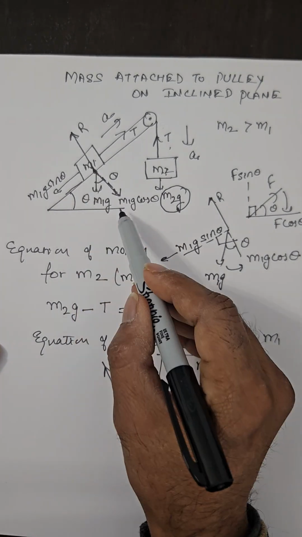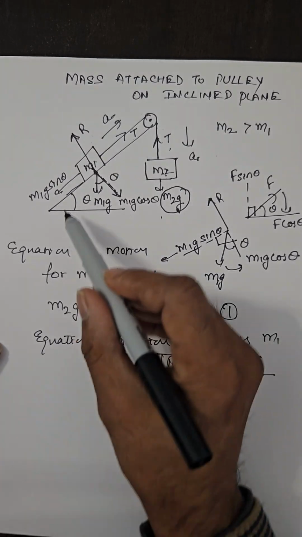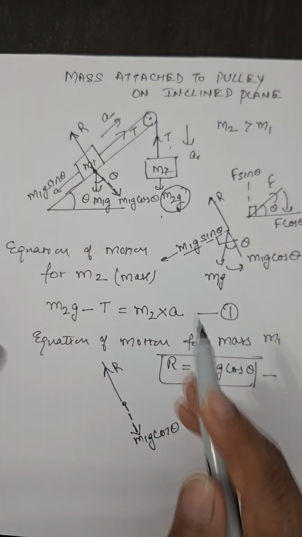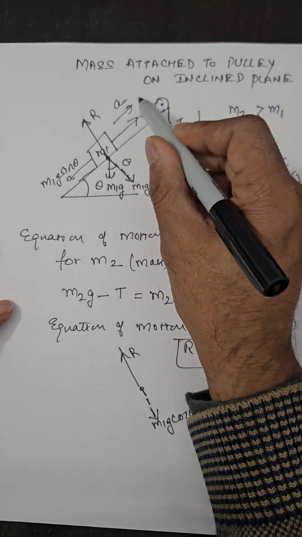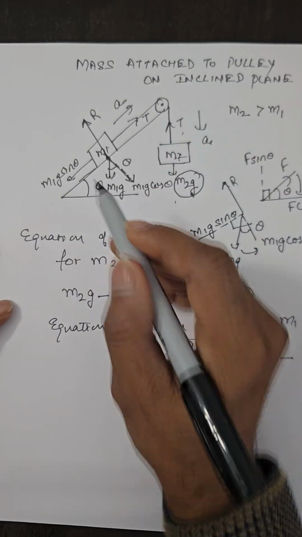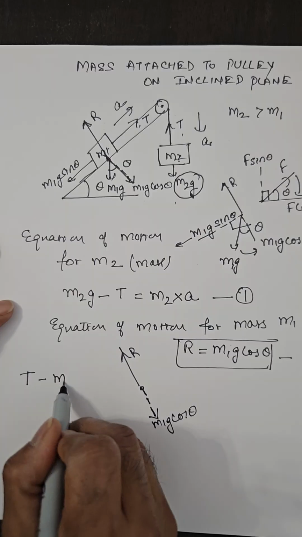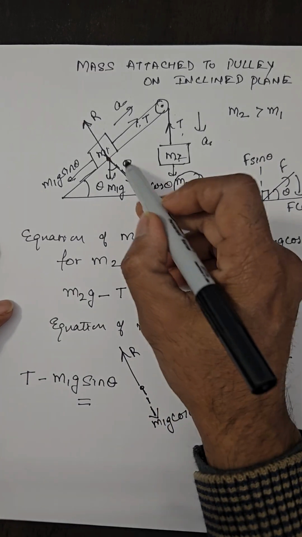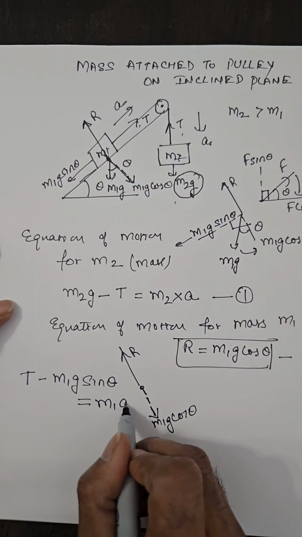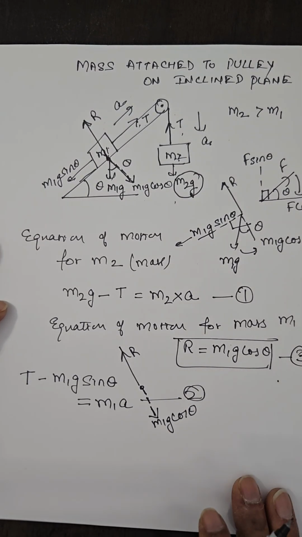Now R is equal to m1g cos theta, we know from here, and for writing the equation of motion for m1 we will get, so acceleration is upward, this T is dominating over m1g sin theta. So we'll write T minus m1g sin theta is equal to mass into acceleration. This is my second equation of motion, and this is another equation of motion.